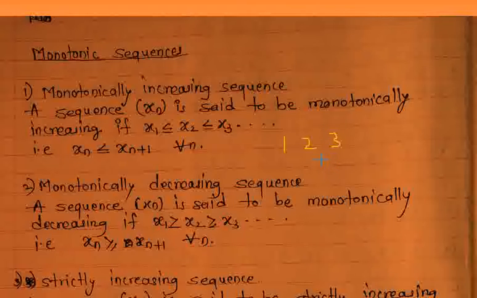Or you can see the Fibonacci sequence, 1, then 1, then 2, then 3, then 5, right? So in this case, x1 is equal to x2 because 1 is equal to 1. So you have less than or equal to, so for this one it is equal to, and for this one it is less than. And this is generally an increasing function. It is increasing as you go on, and this is also increasing, right? And the general term xn is less than or equal to xn plus 1.